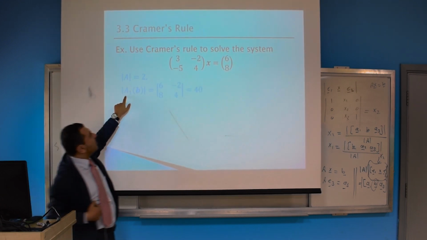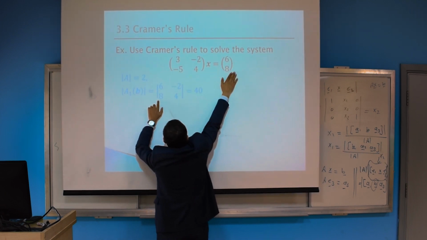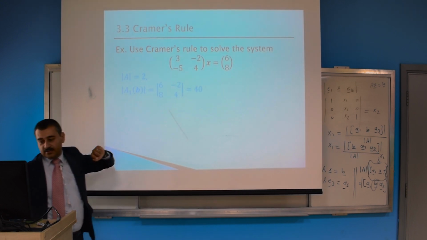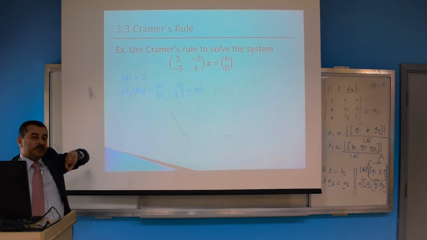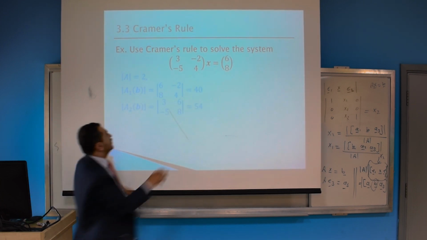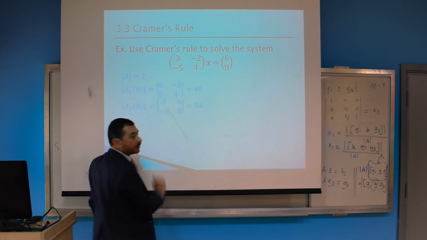So this is called A1 of B. Then find A2 of B: replace the second column of A with B, and find this determinant.